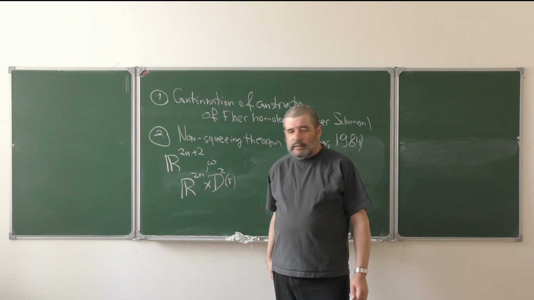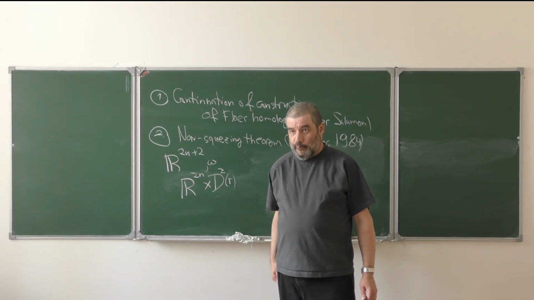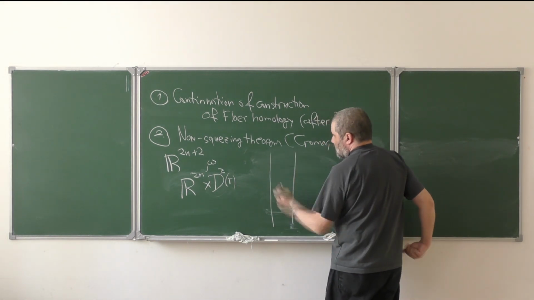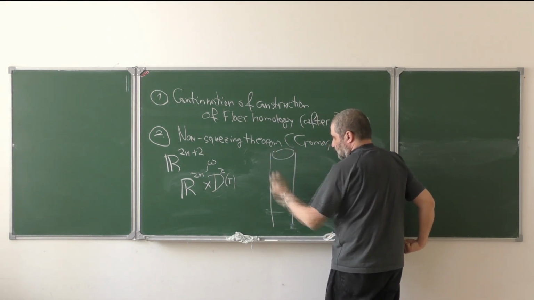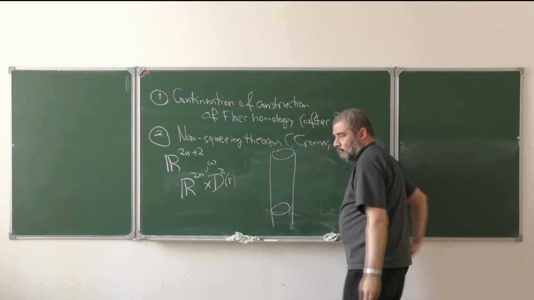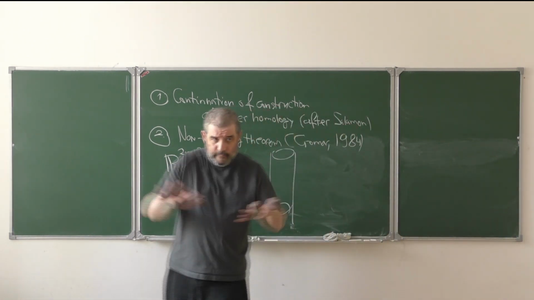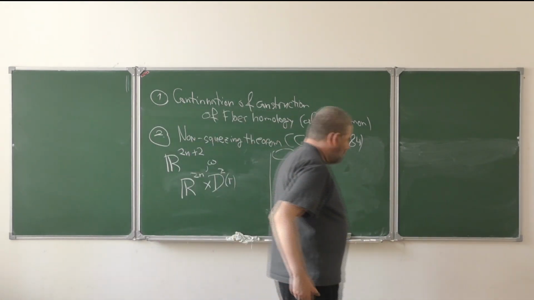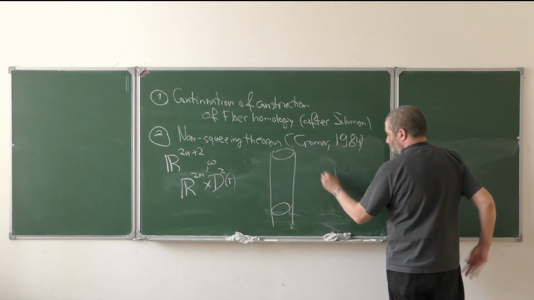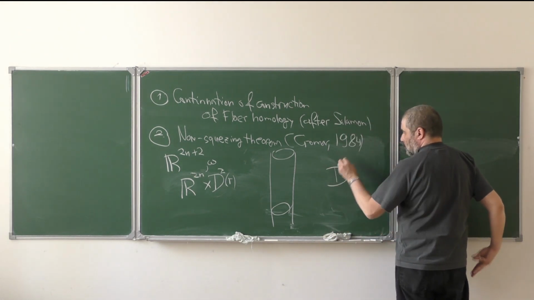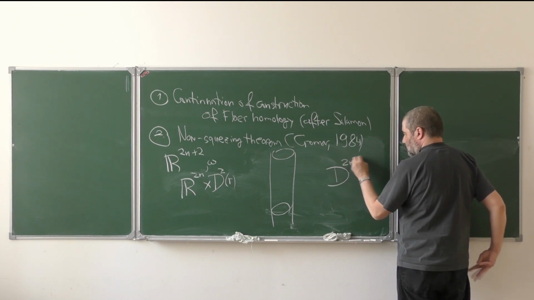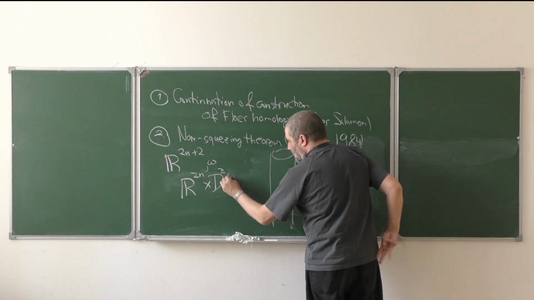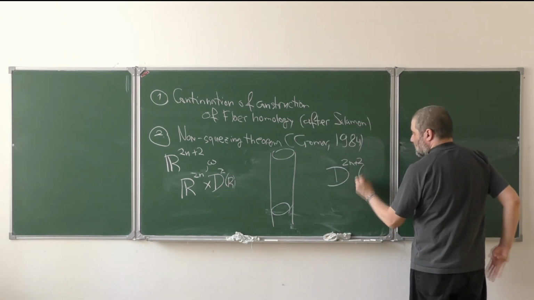It's a set of infinite volume, of course. The picture is like that. Infinite volume. And we consider a ball of dimension 2n+2 of radius R, probably it is better big R, and here small r.